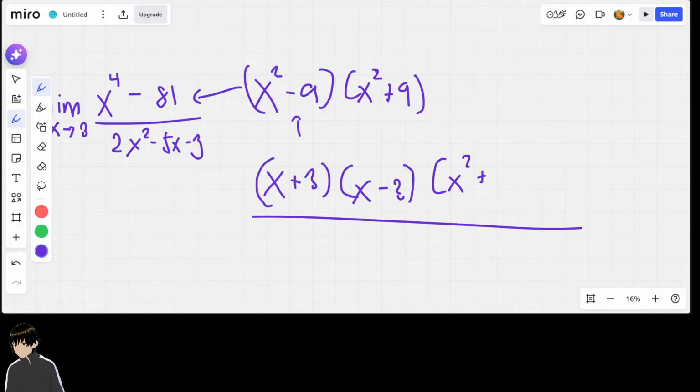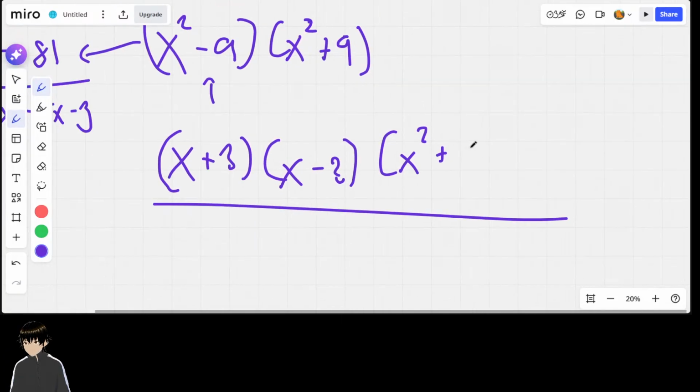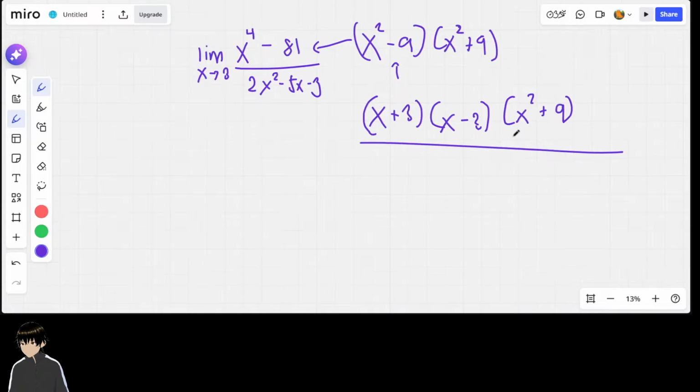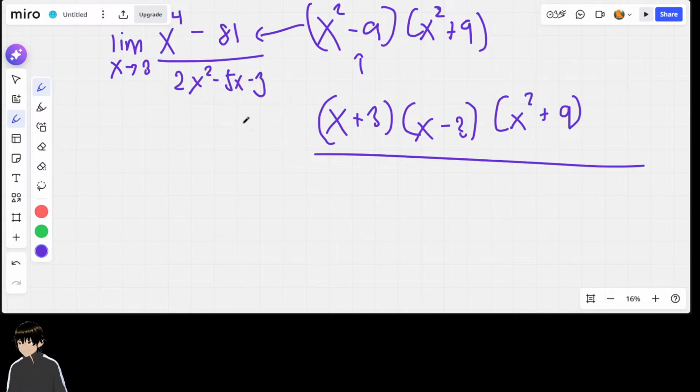Let me just check the answer sheet. I'll try to derive the solution on my own, but never mind, I'll just search ChatGPT. x squared plus 9, and then we have 2x squared minus 5x minus 3.